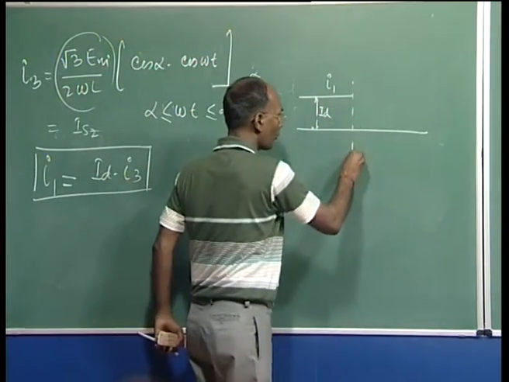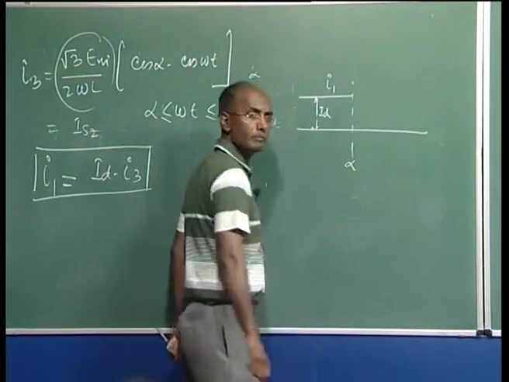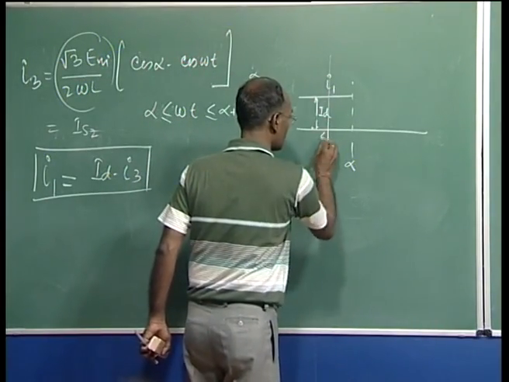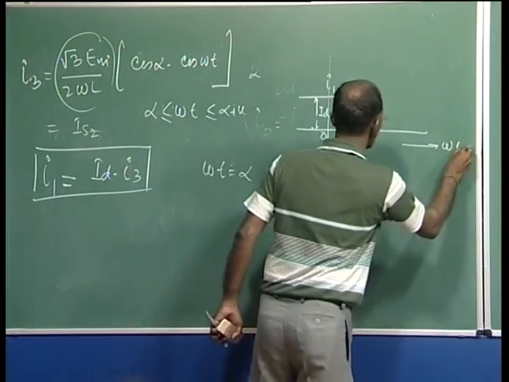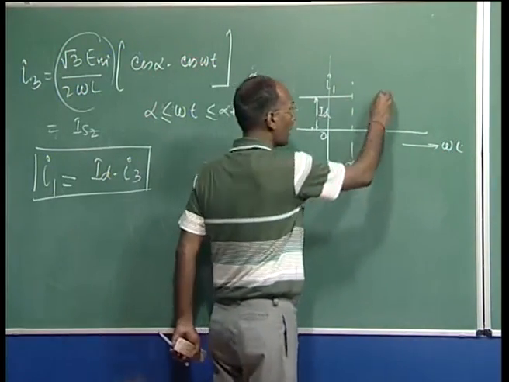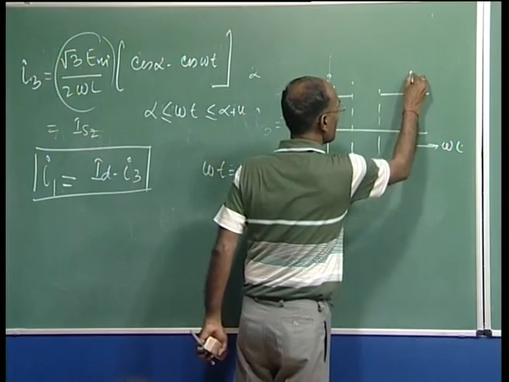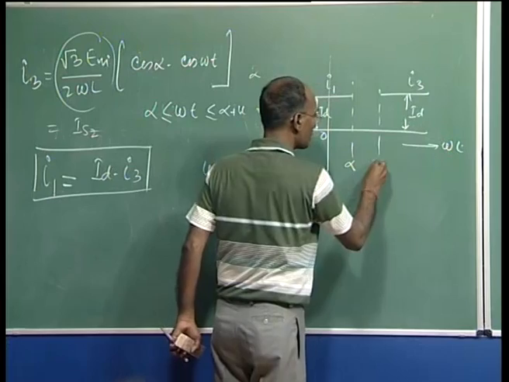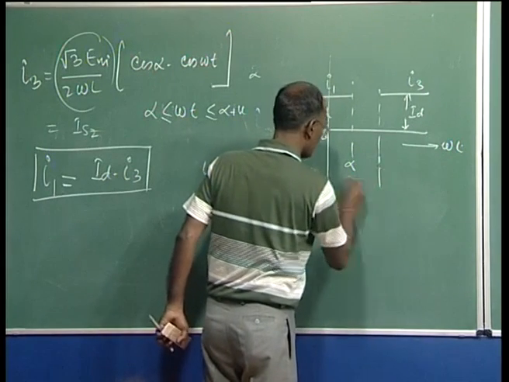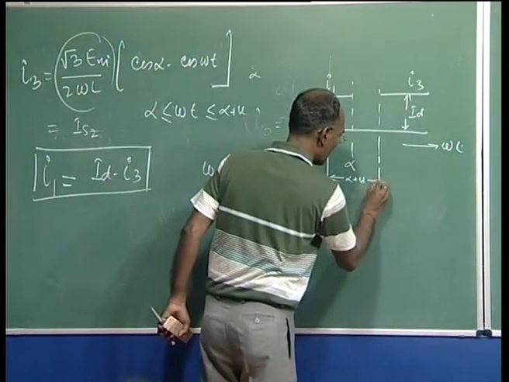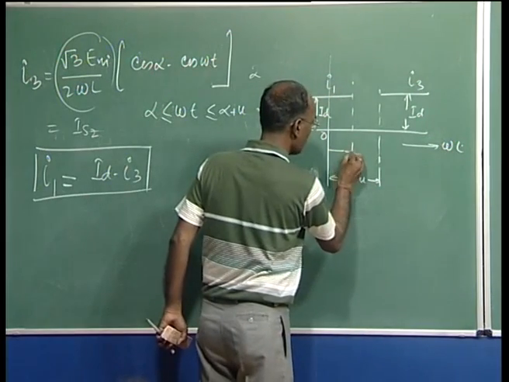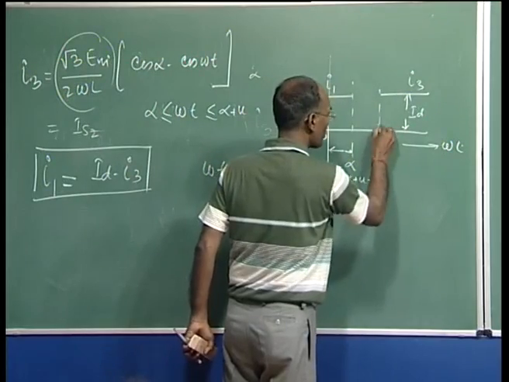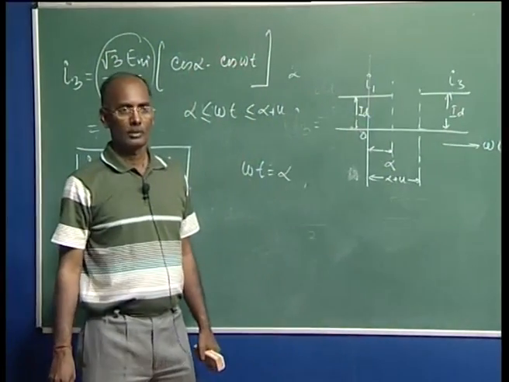At once it is going to be fired here, it is your alpha degree. Starting from here, let us suppose this is your axis, that we are talking 0, and this is your omega t. So, this current is going to fall, and here let us suppose this is your I3, which is going to take the ID current completely over the period alpha plus u. This is your alpha, this current is going to take over, and this current will be 0 at this point.